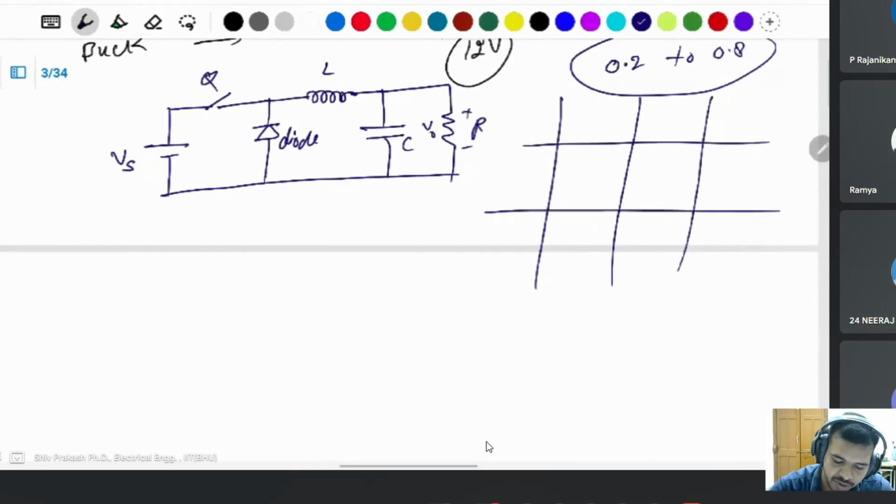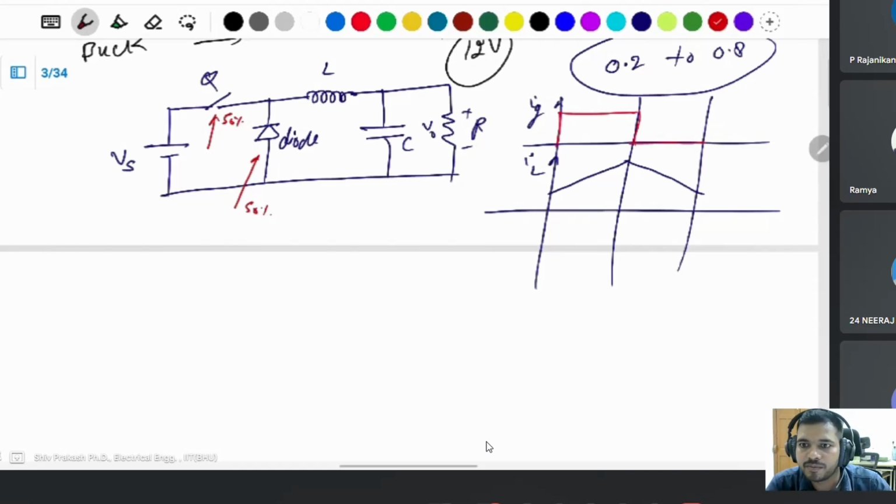Suppose you have a duty cycle of 50%. Then what happens? The inductor current goes up and then down, IL. You can see this in the gate voltage to turn on this MOSFET. In this scenario, this switch is on for 50%, and the diode works for 50% only.